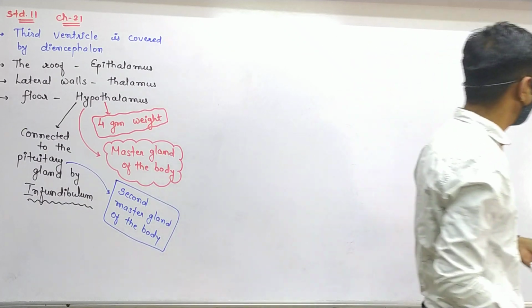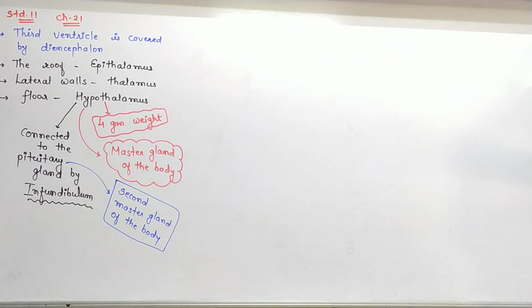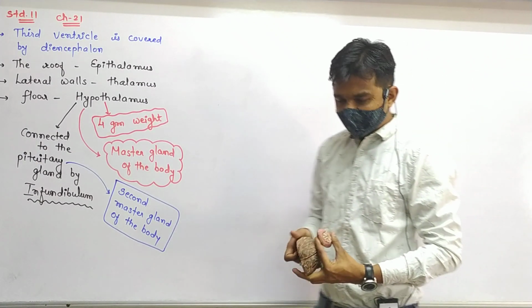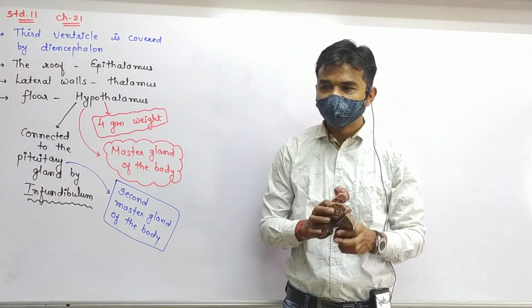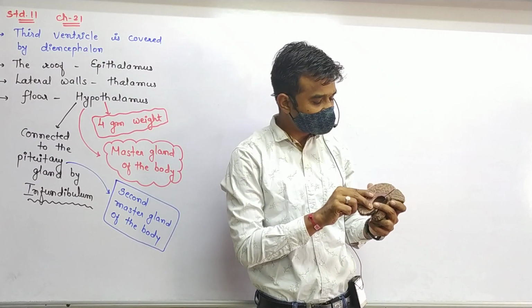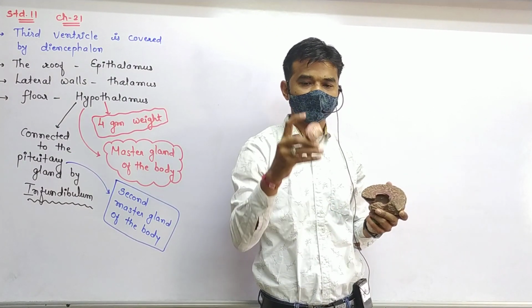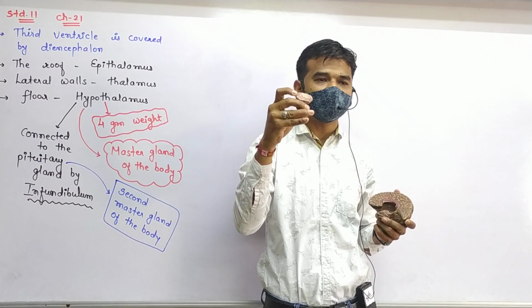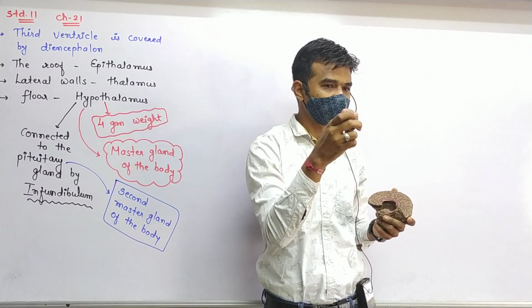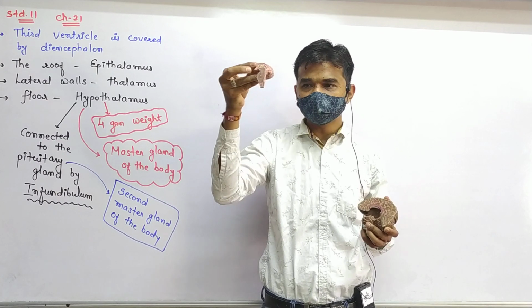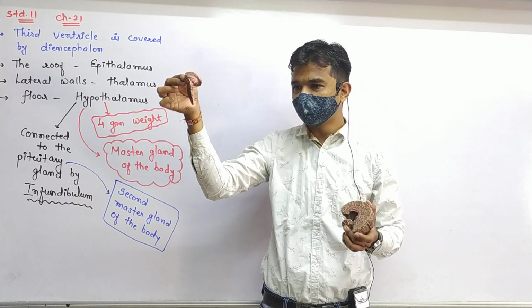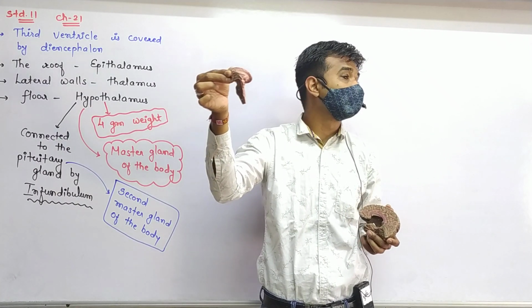Later on I will give you this model. You say it properly. This portion is known as the third ventricle. This portion is known as the midbrain. I hold this one; this is what is known as the brain stem.